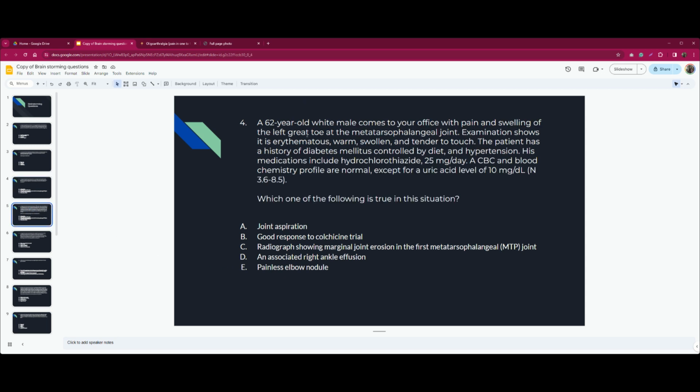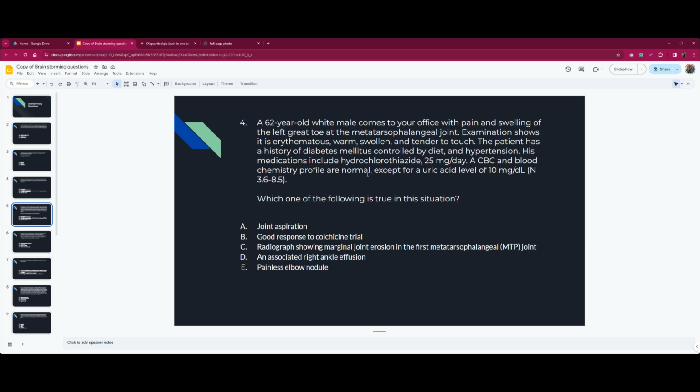So question number 4. A 62-year-old male came to the office with pain and swelling of the left great toe at the MTP joint. Examination showed that there is acuteness. The patient has a history of diabetes, controlled with diet, and hypertension. His medications include hydrochlorothiazide 25 mg per day.